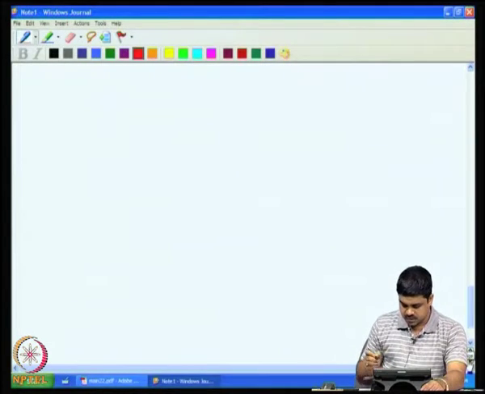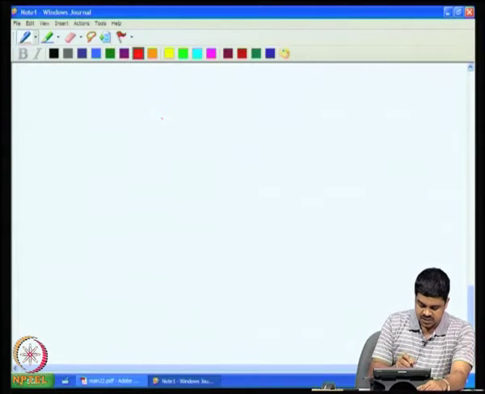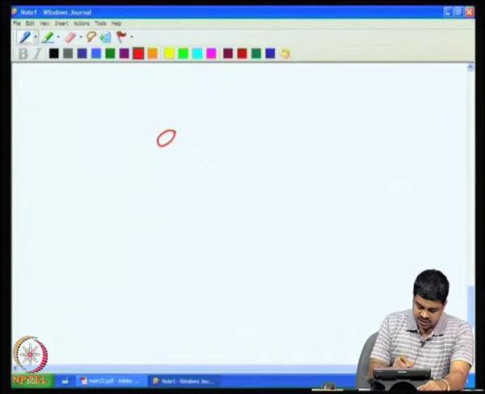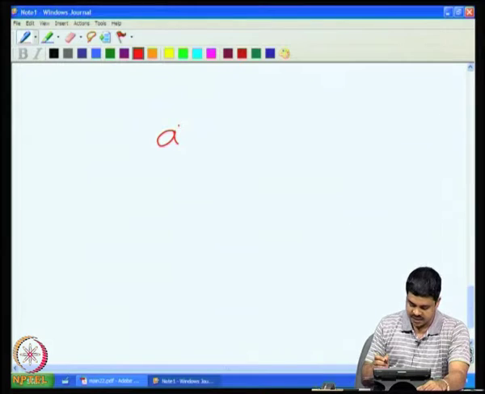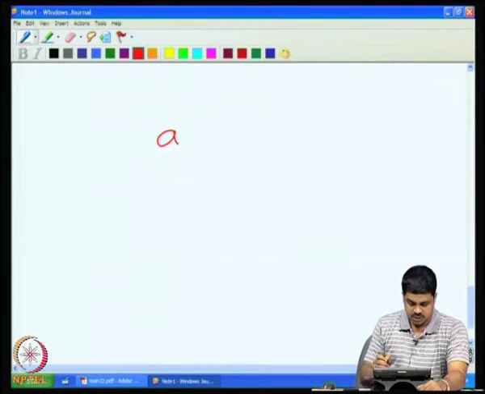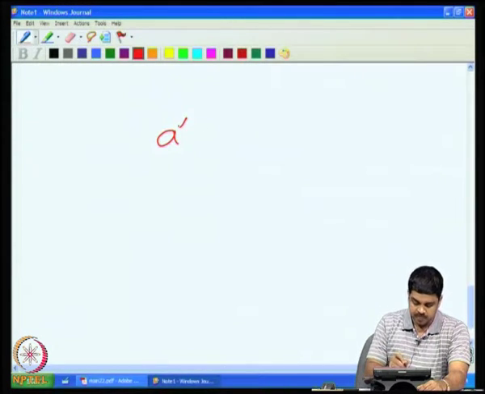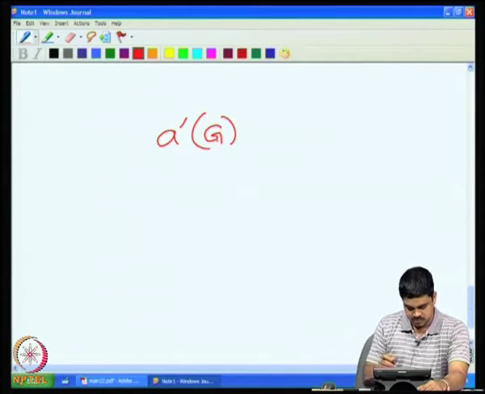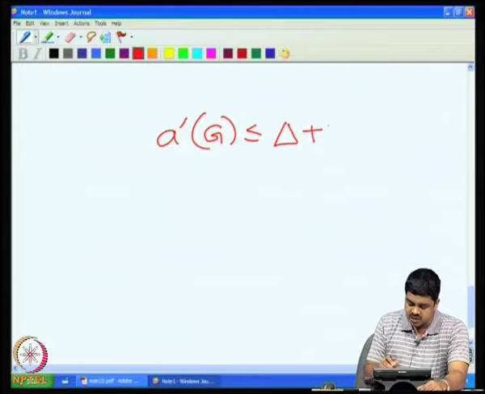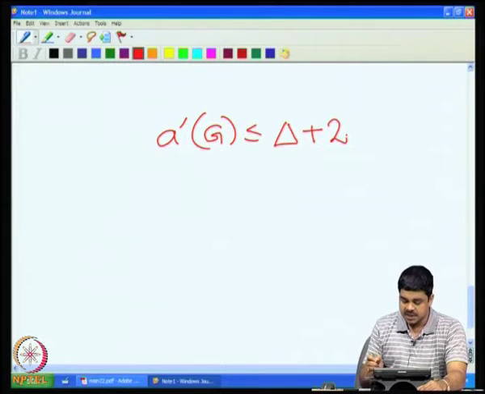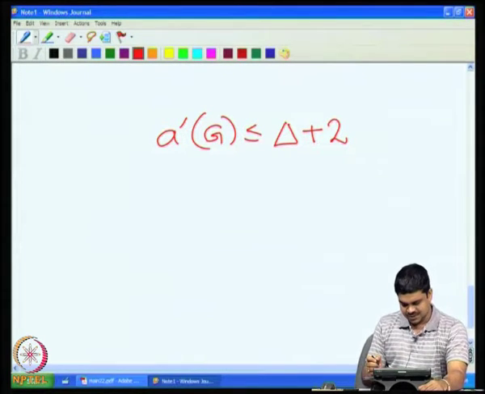But there is a famous conjecture called the acyclic edge coloring conjecture by Alon, Sudakov and Zaks. This conjecture was also proposed by a Russian scientist called Fiamcik before Alon, Sudakov and Zaks, and they conjecture that the acyclic chromatic index is at most delta plus 2. It is indeed a strong statement.